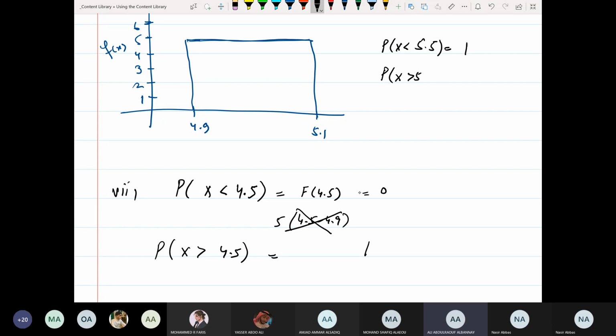Yes. What will be the probability of x greater than 5.5? Amjad Ammar. 0. What will be the probability of x between 4.95 and 7?